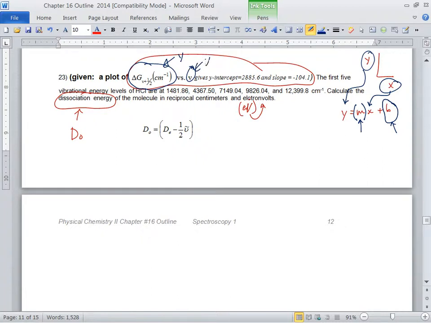So all we've got to do is find the equation for delta G, identify the y and the x. What's in front of the v in that delta G expression? That's going to be your m. And then in this delta G expression, we're adding or subtracting something. Whatever you're adding or subtracting, that's your y-intercept, and you know what those numbers are. So what is our delta G expression?